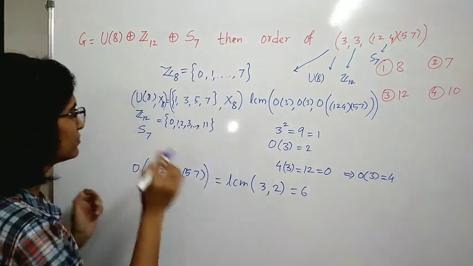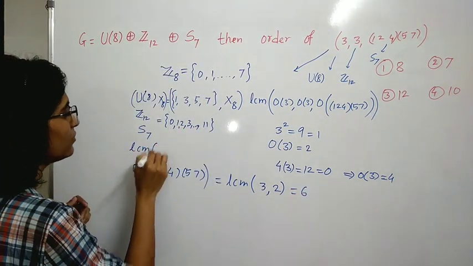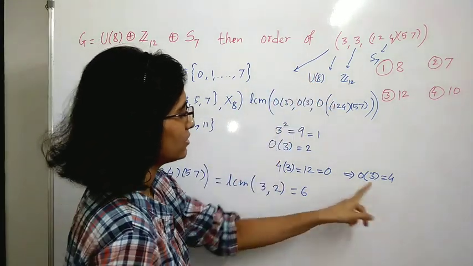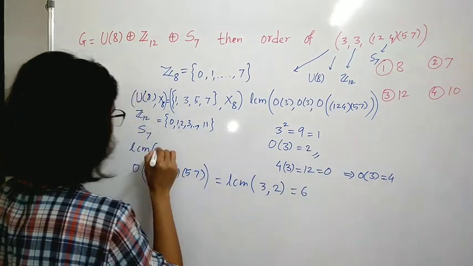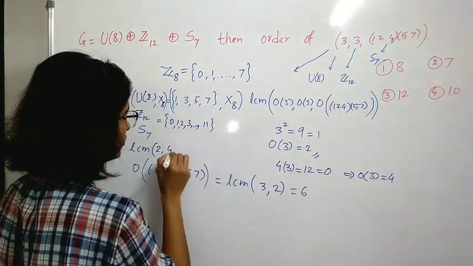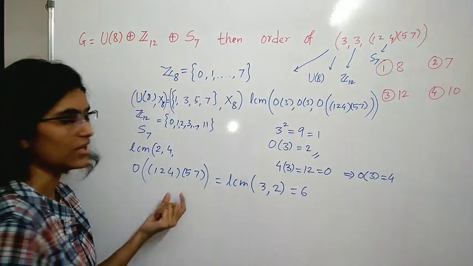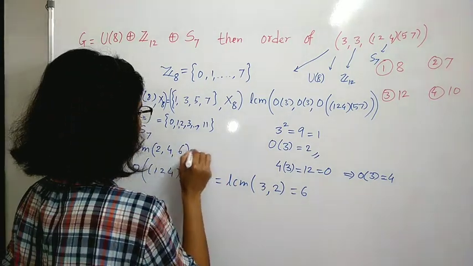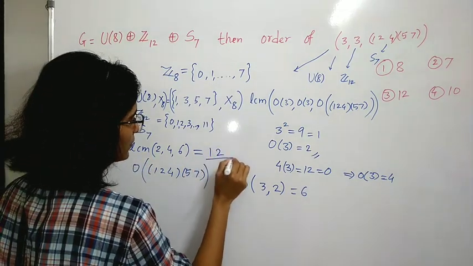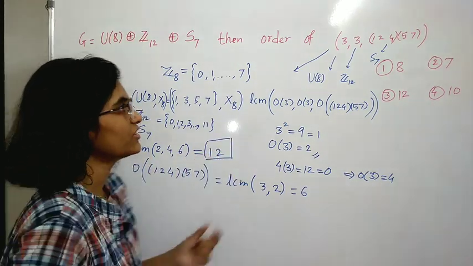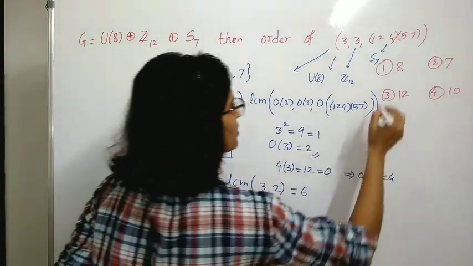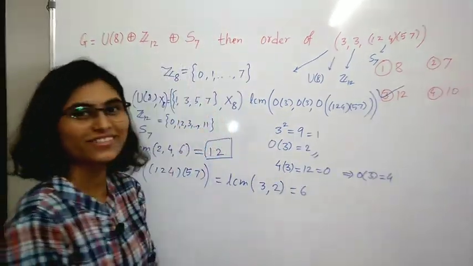So we have the LCM of, what is the order of 3 here? It is 2. Then the order of 3 is 4. Then the order of this element, which is 6. So take the LCM, it is just equal to 12. So the order of this element in this group G is just equal to 12. So this third option is the correct option.